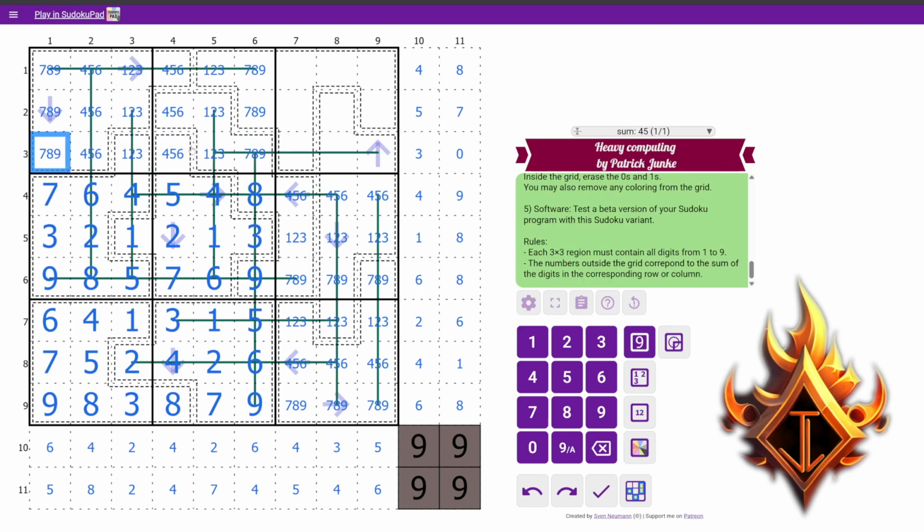Oh wait, did I do that wrong? The minimum here is 24. That's 7, 11, 12. I had it wrong again, didn't I? 7, 11, 12, 16, 17, 24. Those are all the minimum numbers. So these are stretched at 1, 2, 3.